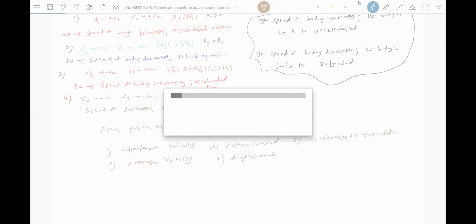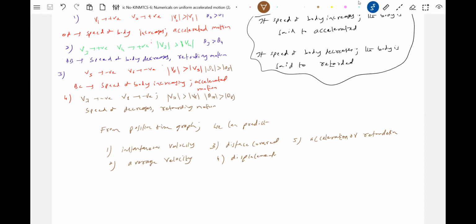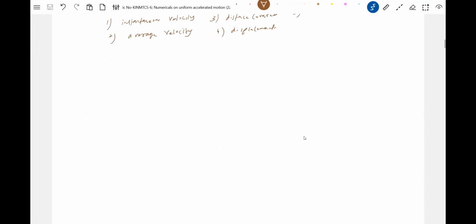Let me save it. Okay, let me explore now the VT graph. One more problem we'll take on the VT graph.